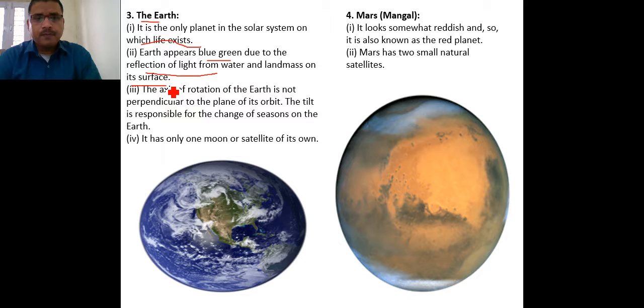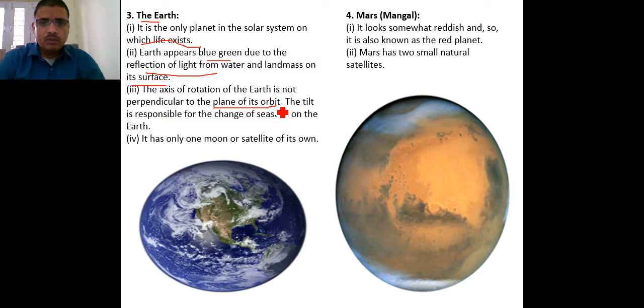Now, the third point is that the axis of rotation of Earth is not perpendicular to the plane of its orbit. If we have seen a globe and rotate it, it looks perpendicular, but it does not actually rotate perpendicular to the plane of its orbit.